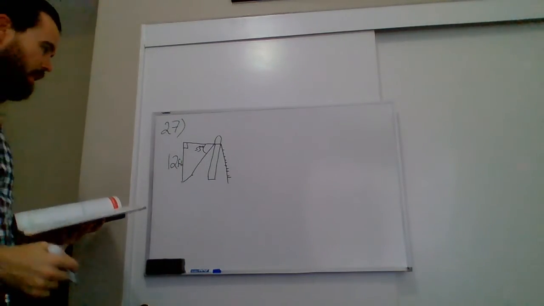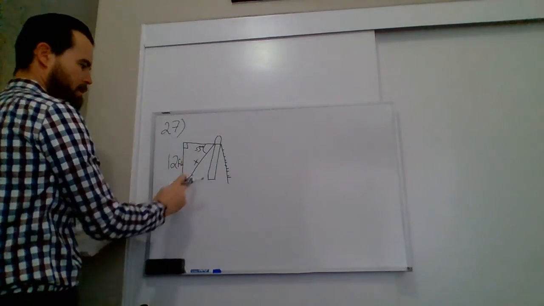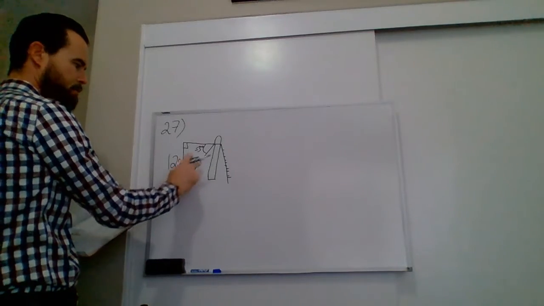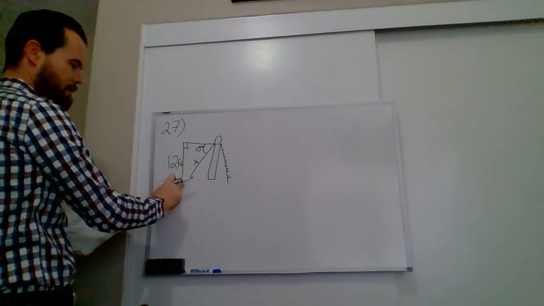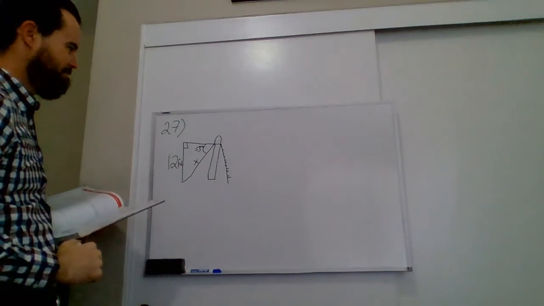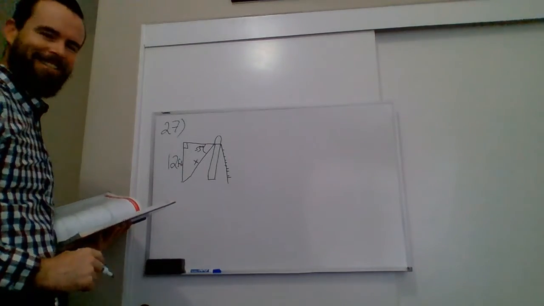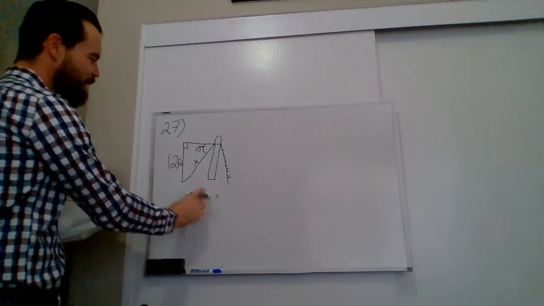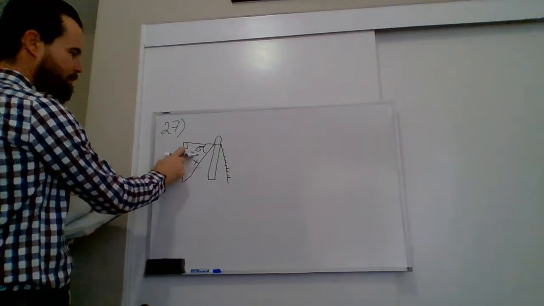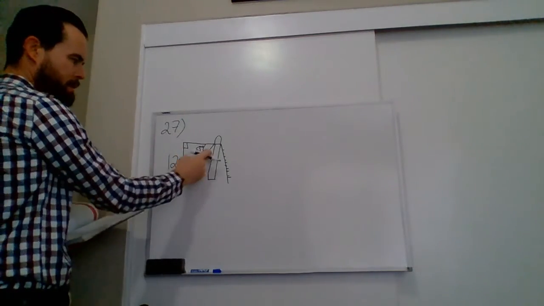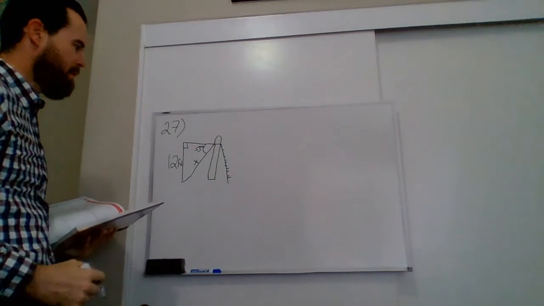And they want us to find the length of the slide. So the length of our slide is right here. Really wish I could draw better. It's a gross slide. But that's all right. It'll work for us. So now we have 53 degrees, 12 feet high. Length of the slide is x.